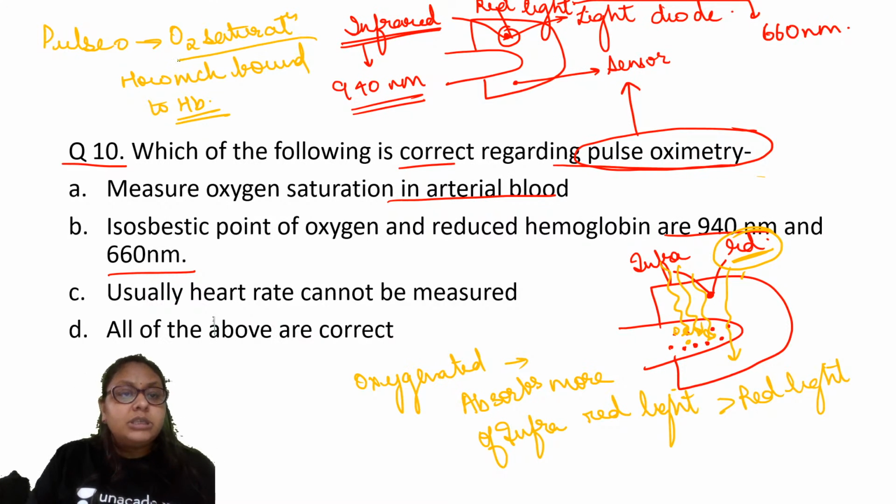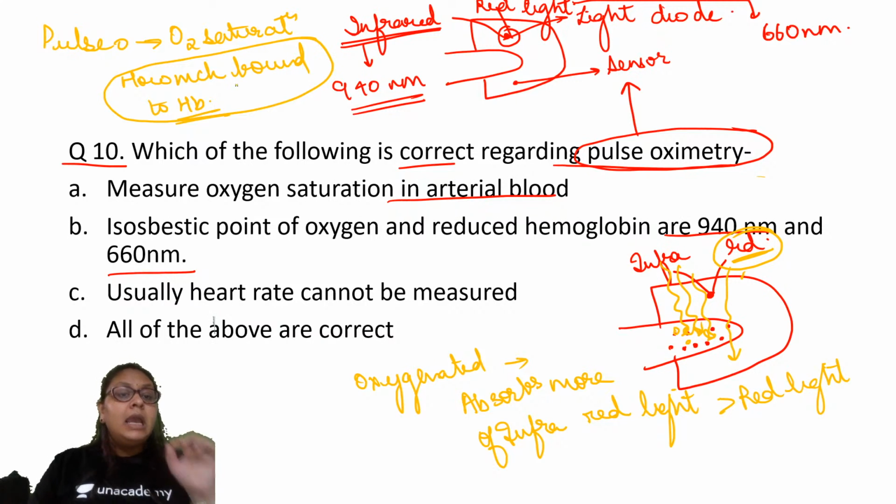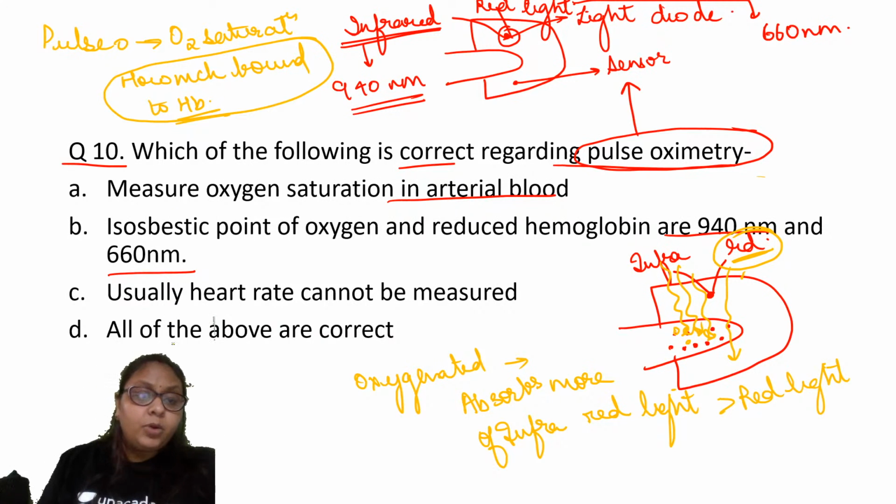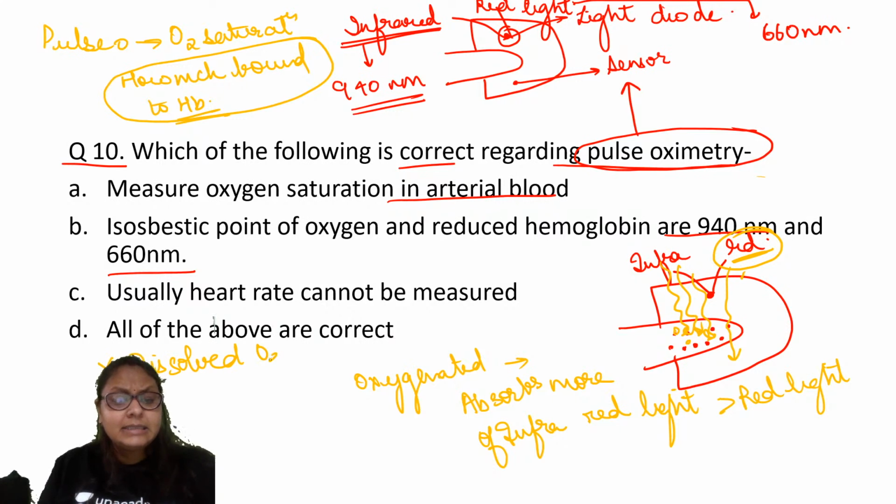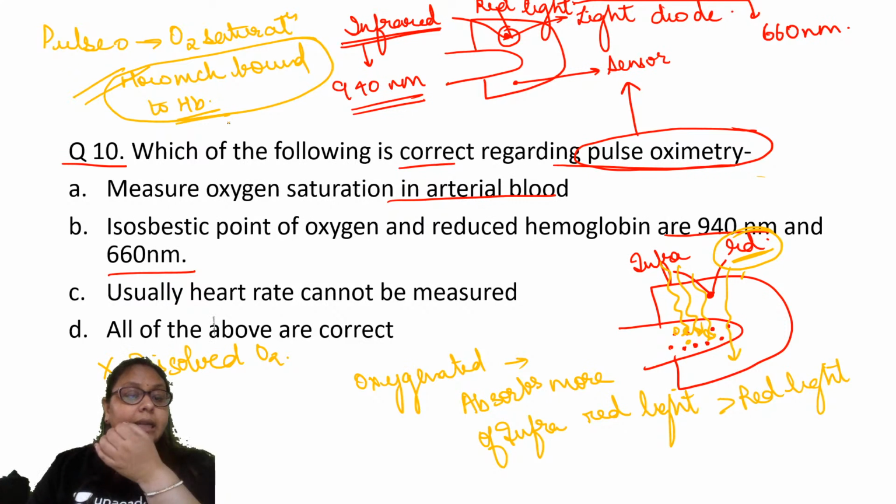It is not telling us about the dissolved oxygen. It is just telling us how much oxygen is bound to hemoglobin in the arterial blood.